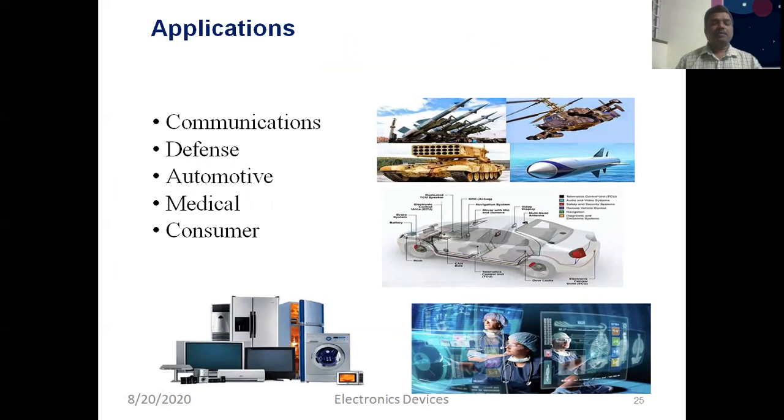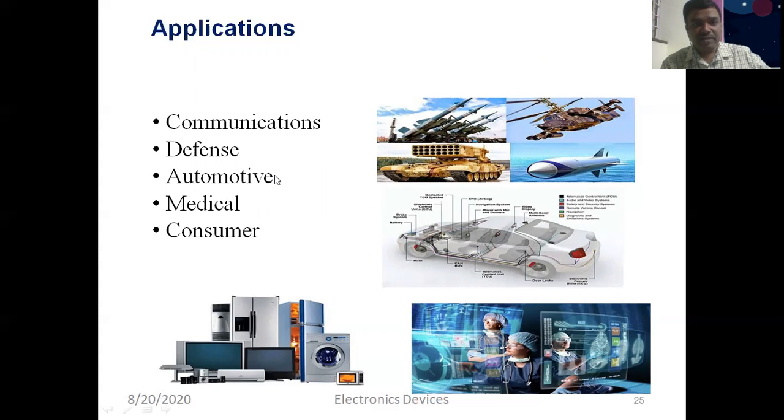These are the various applications of electronic devices. We have so many applications in communication. Presently, everyone is using mobile phones. In communications we have mobile communication, satellite communication, radar communications, navigation communications, and many other applications.